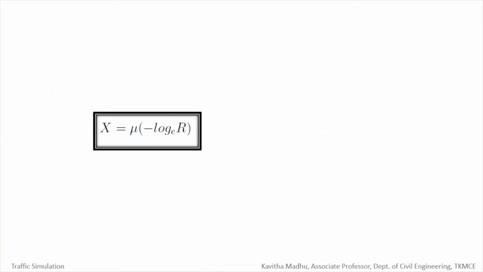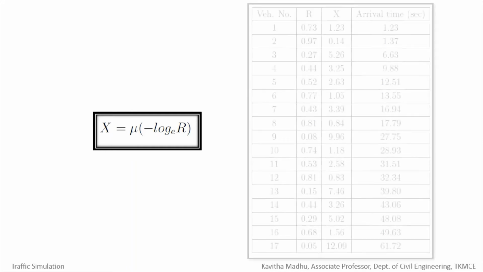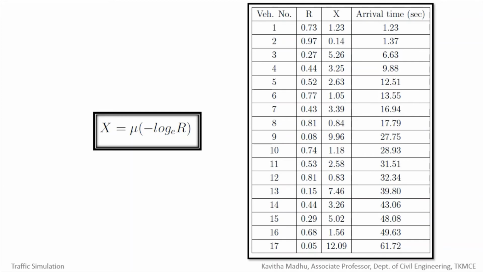Next, we can get the expression for the exponential variate headway x, which follows the negative exponential distribution. If we use the PDF of the negative exponential headway, we will get the expression for the headway x, and from that we can find out at what time different vehicles are arriving. Let's consider the first vehicle.